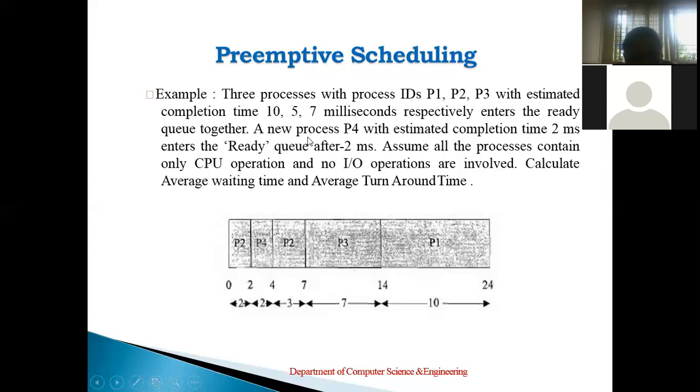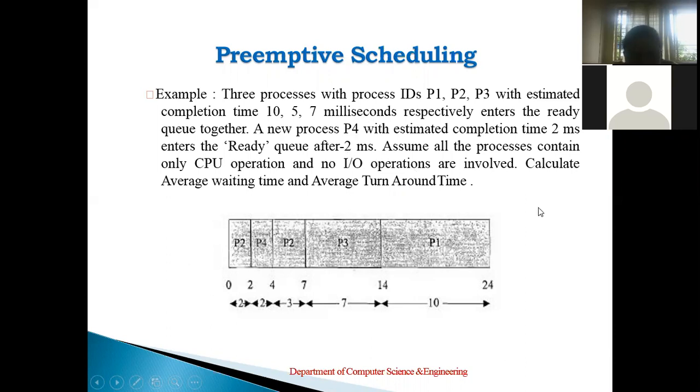At that time the process P4 has entered, after 2 milliseconds. So what will the scheduler do? The algorithm says, when it has started executing and one more process has entered which has a shorter completion time than the one already executing, then it will preempt. That means it will stop and start executing the new process.